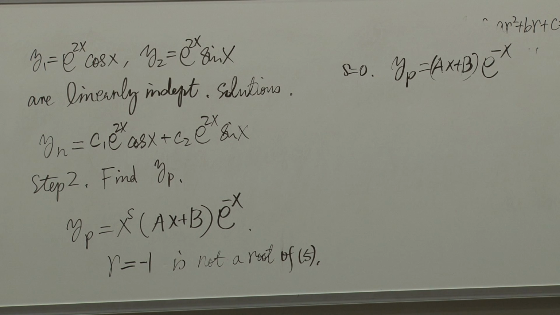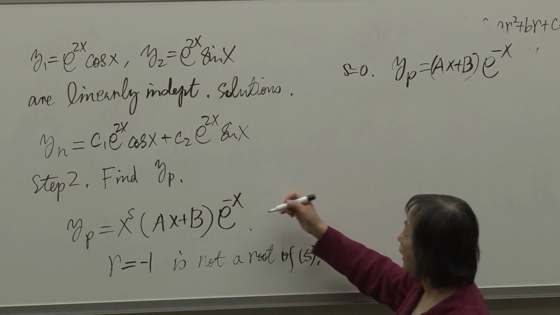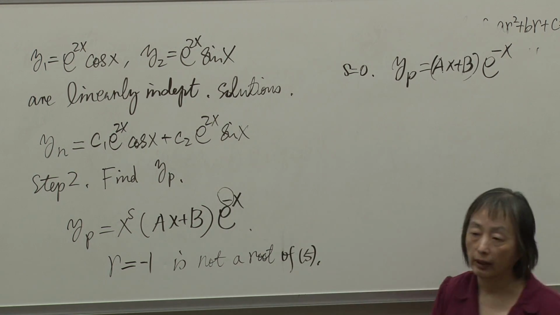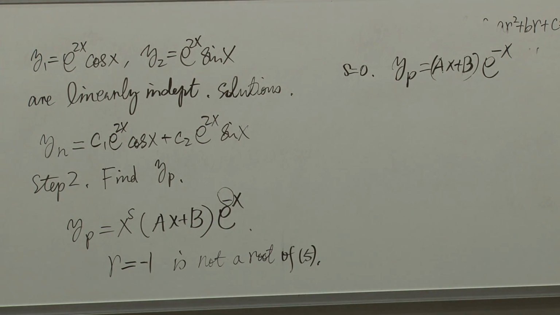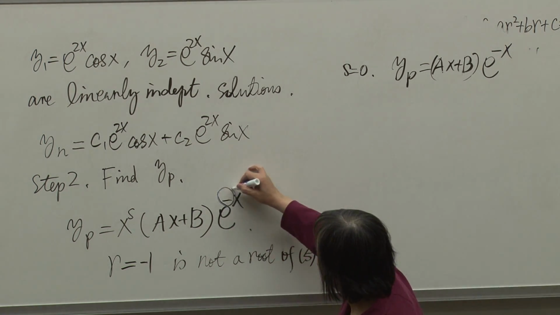Why did we pick r equal to negative 1? R is the coefficient of x, right? Yeah.